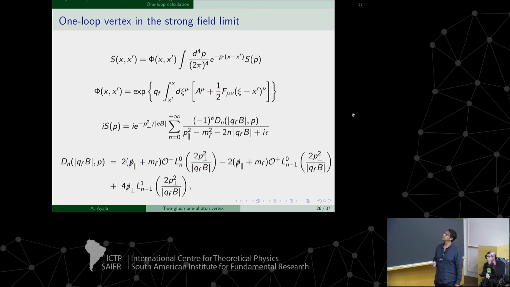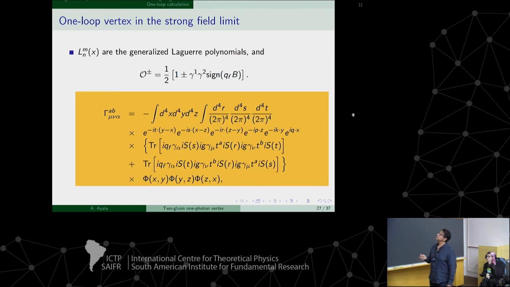And of course, I'll skip pretty much this transparency. You guys are all familiar with this. So this is the standard way of writing the propagator, the Schwinger phase, the Landau level representation, etc. So the computation then involves the sum of those diagrams that I just showed you, and this is written here.